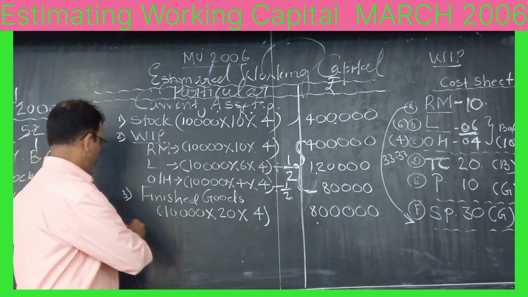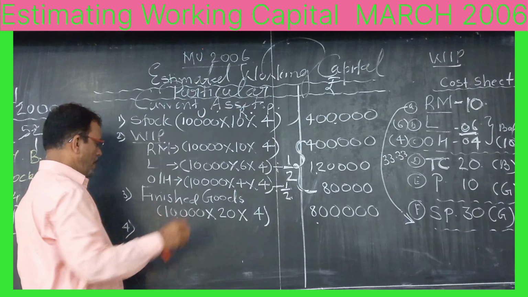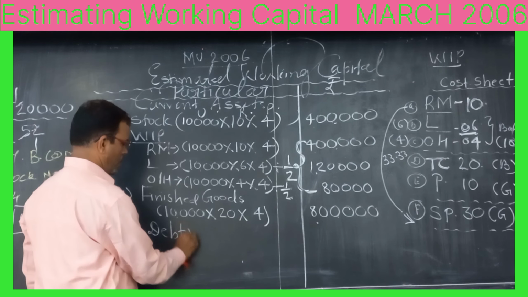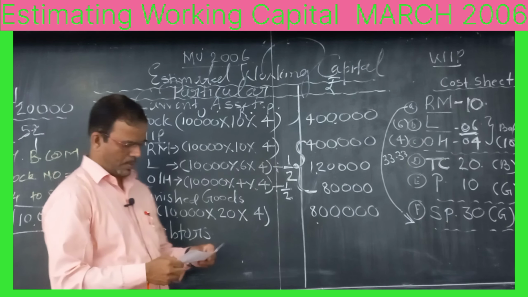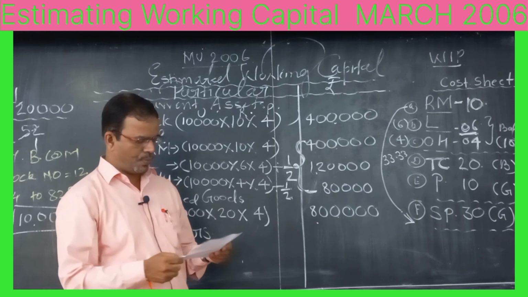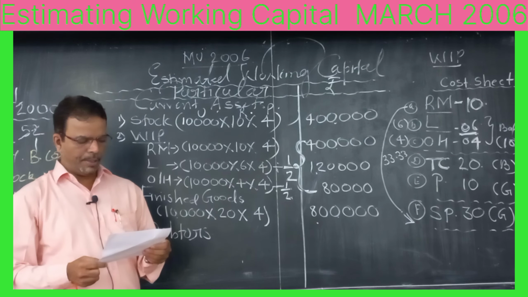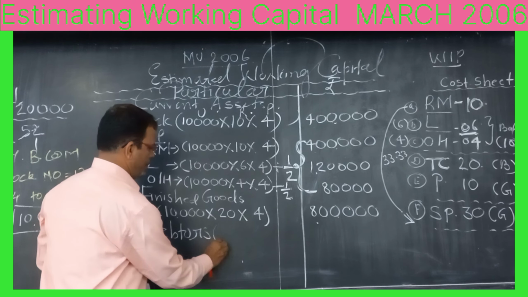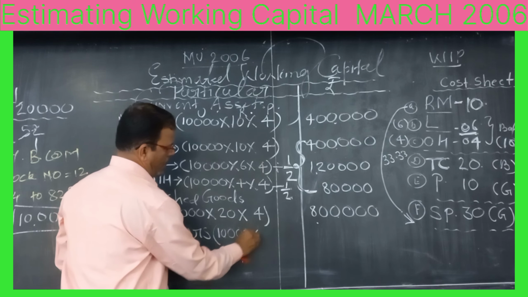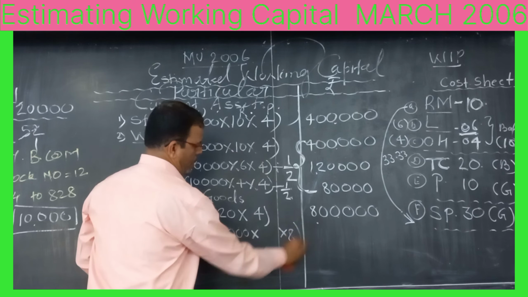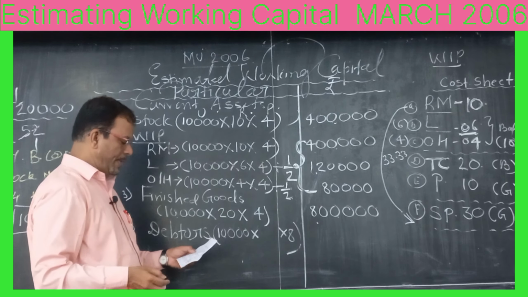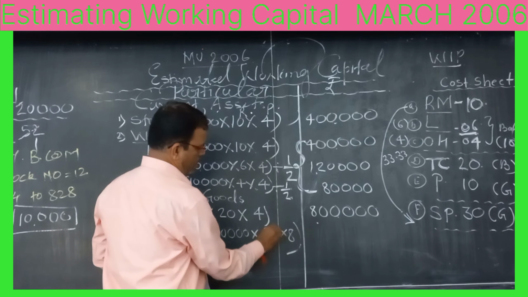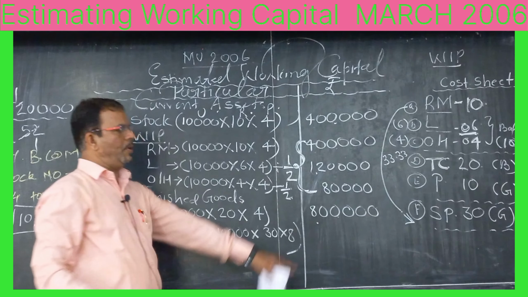After finished goods, we will take the debtors. How much debtors do we have? Debtors are allowed 8 weeks. So again 10,000 units, and the period is 8 weeks. What rate is used for debtors? Selling price, which is 30. So debtors always depend on selling price.